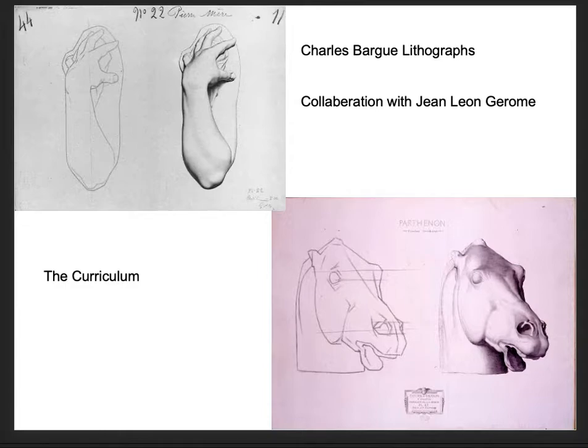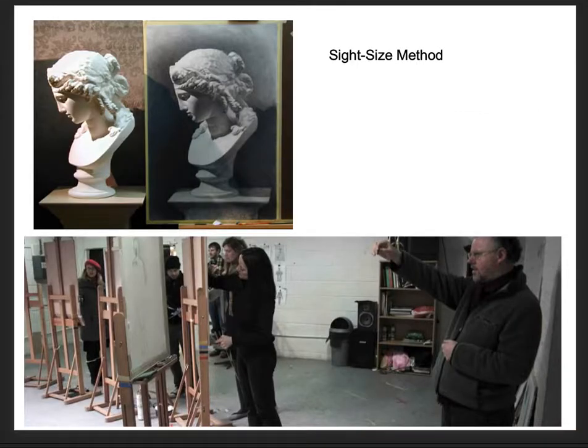So you would have learned essentially how to practice and work from life, but from these flat prints. It's much the same way that a lot of us grew up as kids drawing from photographs or cartoons.